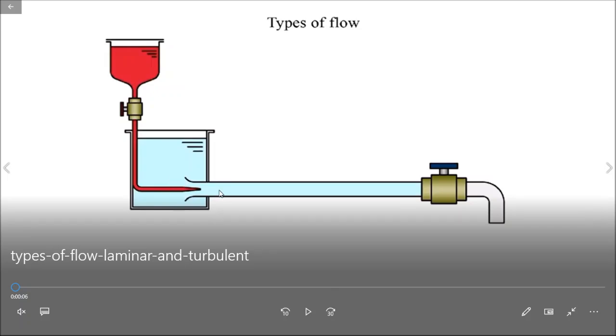And on the other hand, if the velocity is low, there is no turbulence in the flow. The ink moves in parallel as the water goes on. On the other hand, if the flow pattern is turbulent, the ink will mix up with all the layers and flow down to this container.